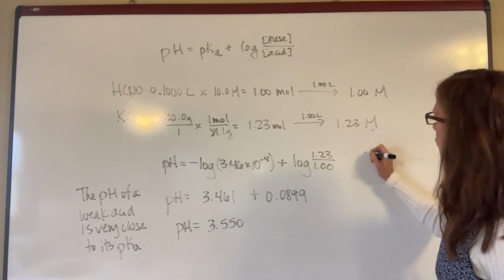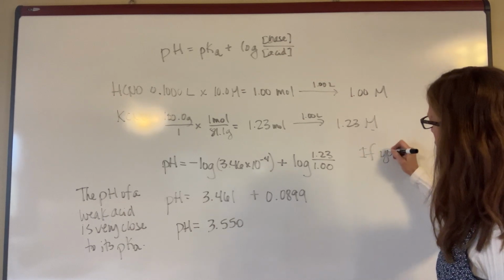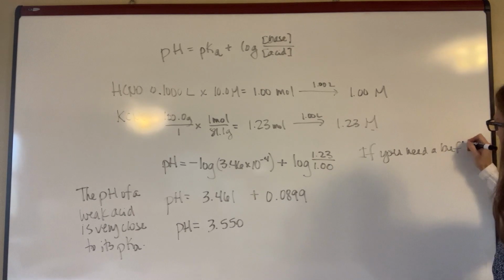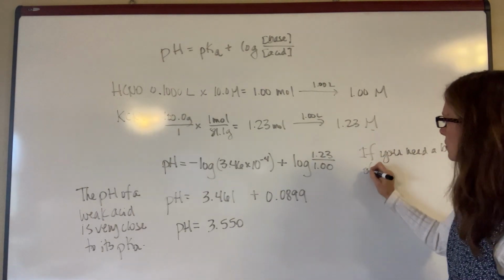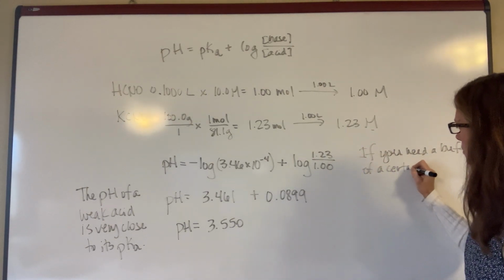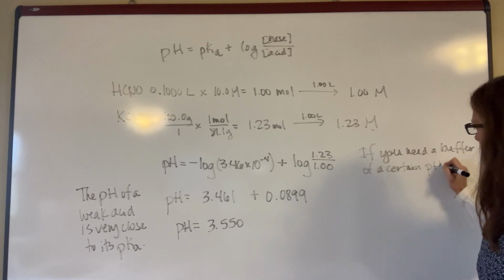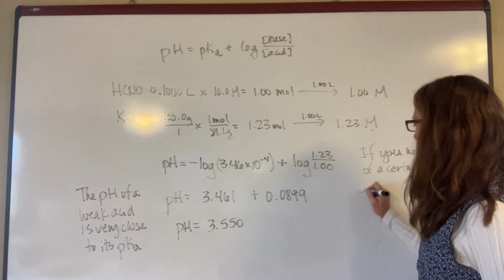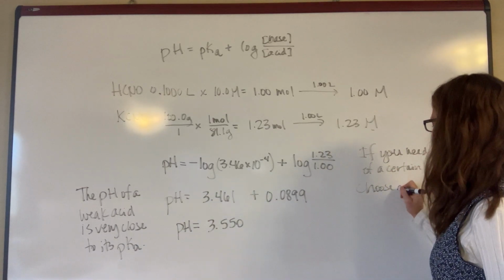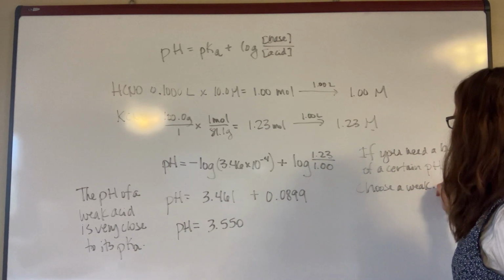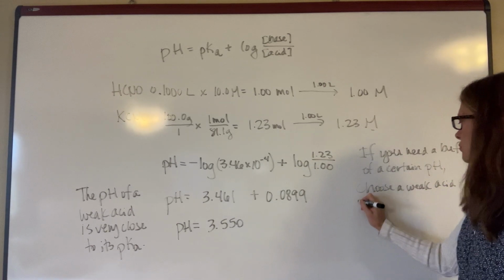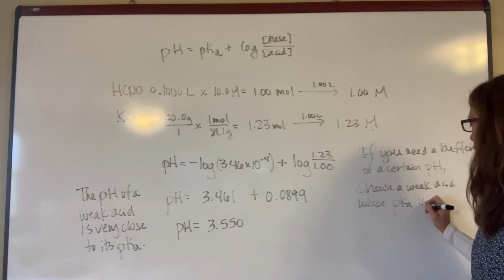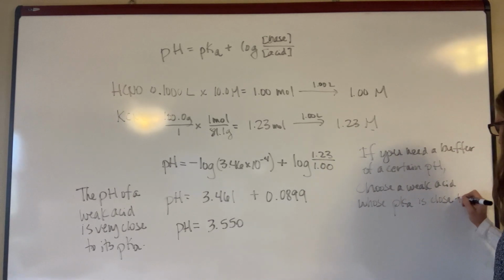So therefore, if you need a buffer of a certain pH, what you need to do is to choose a weak acid whose pKa is close to the desired pH.